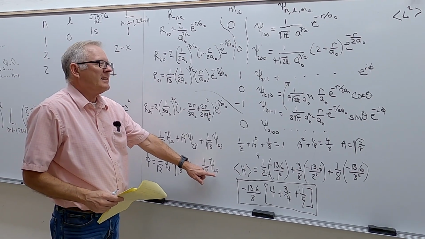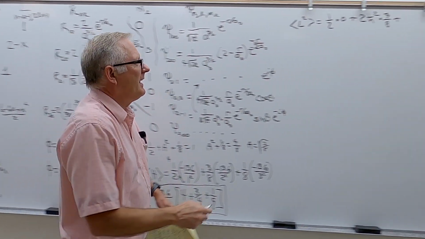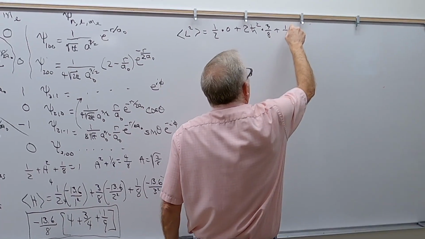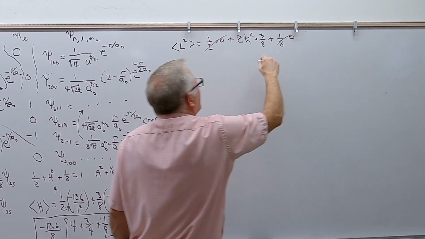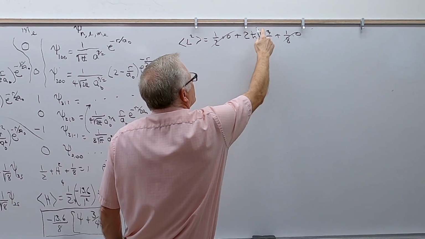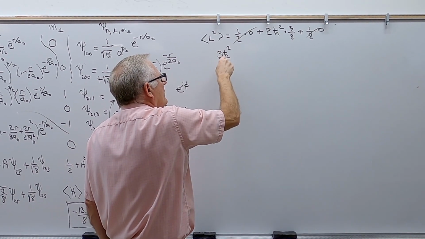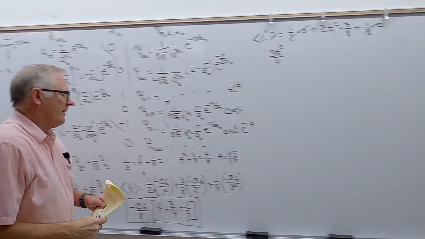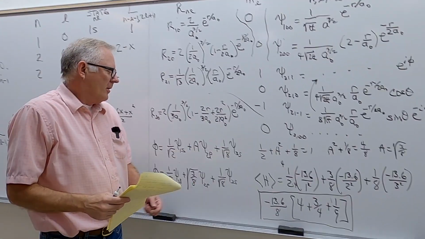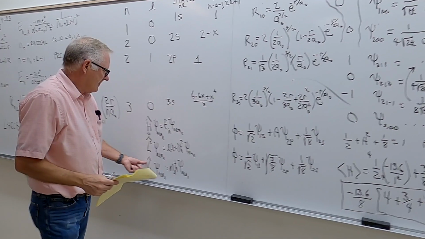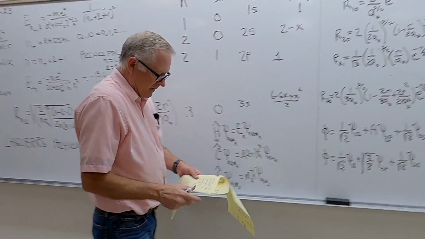Since that's an S state, that's back to L equals 0, so you've got 1/8 times 0. These two are gone, and that just is 3h bar squared over 4. Now, if I knew what the m sub L were, I could calculate the average LZ, but I don't know that right here.